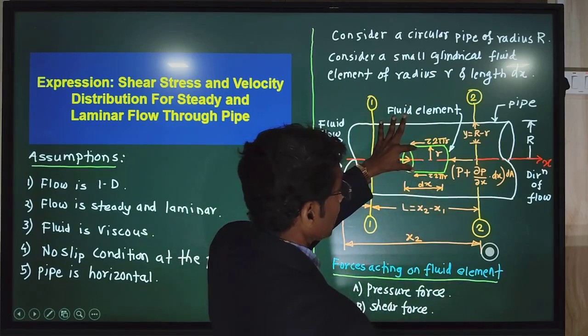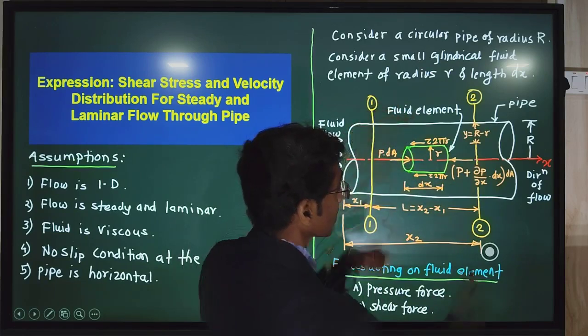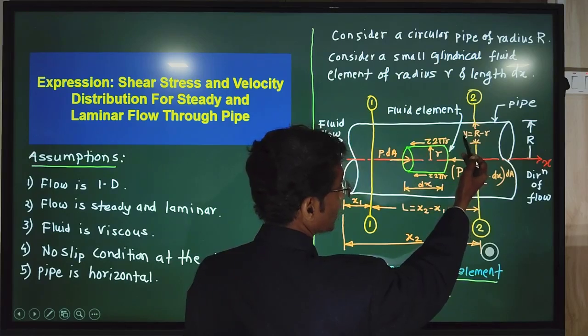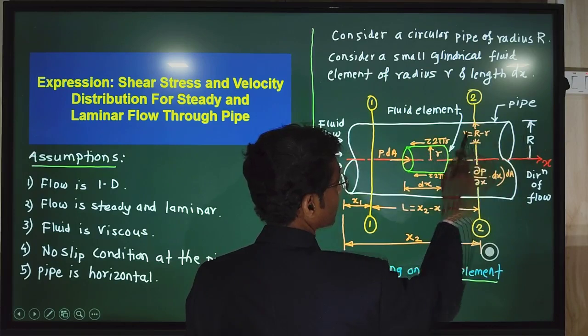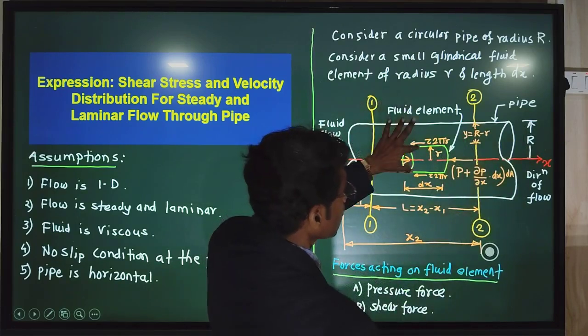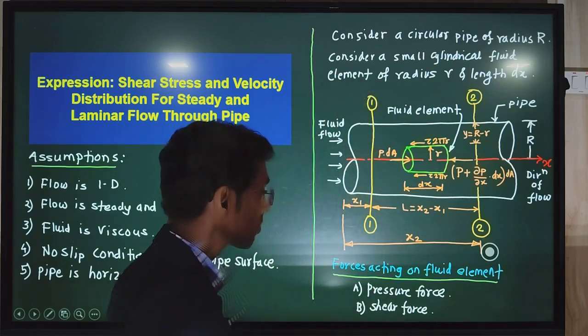Then this fluid element is at a distance y from the pipe surface. So y is equal to capital R minus small r. So y is the distance between the fluid lateral surface and the pipe inner surface.